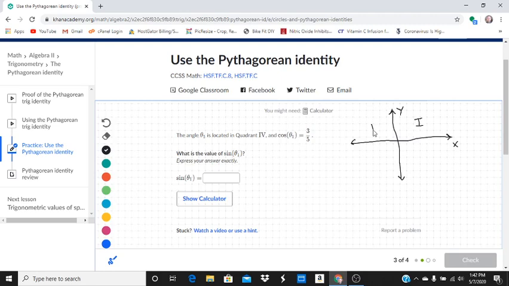This is quadrant 2. This is quadrant 3. And right here, this is quadrant 4. And I'm going to leave a little room here because I want to be able to draw a triangle.